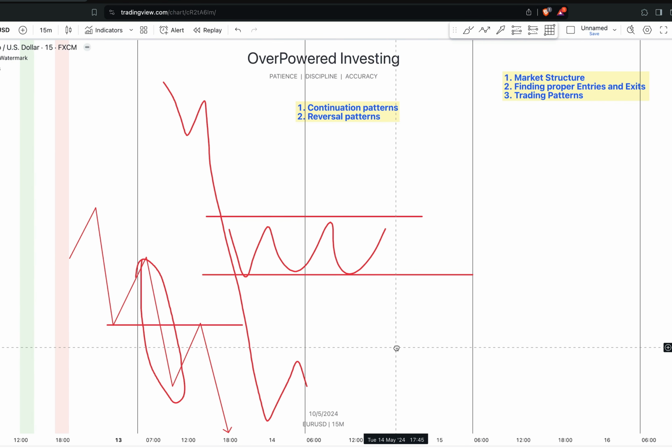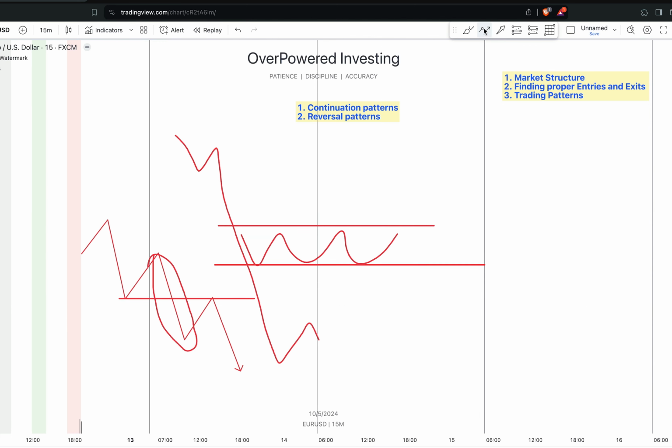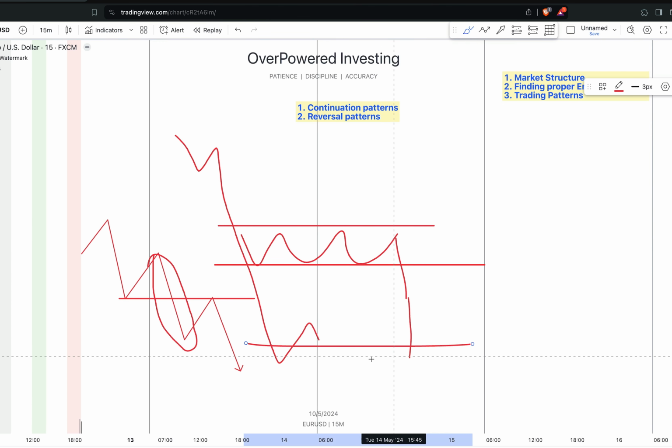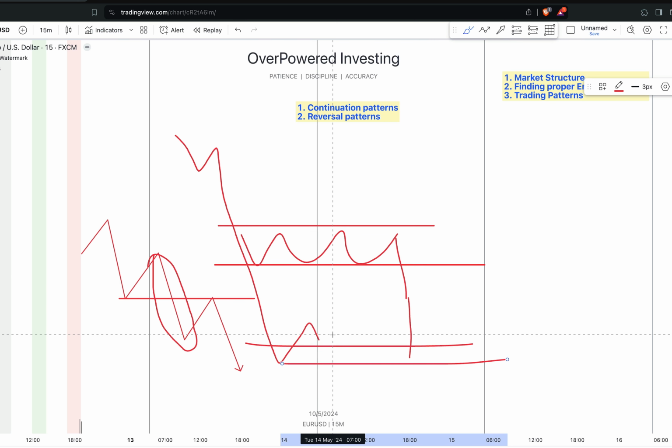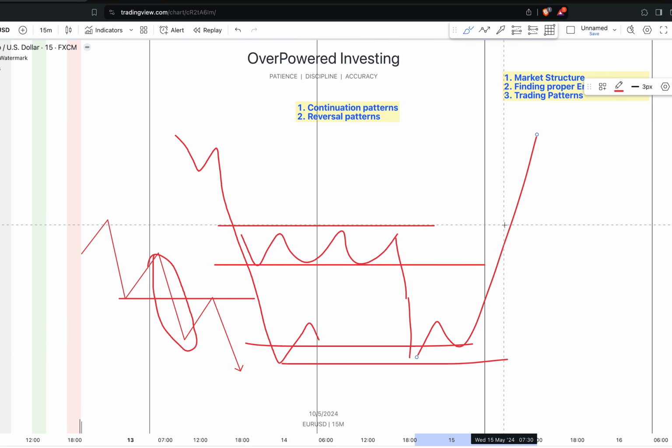So the reversal pattern is simply when the price is breaking out from this range and then retesting some level that was outside of our range, and then price reverses. This is exactly how the reversal patterns work.